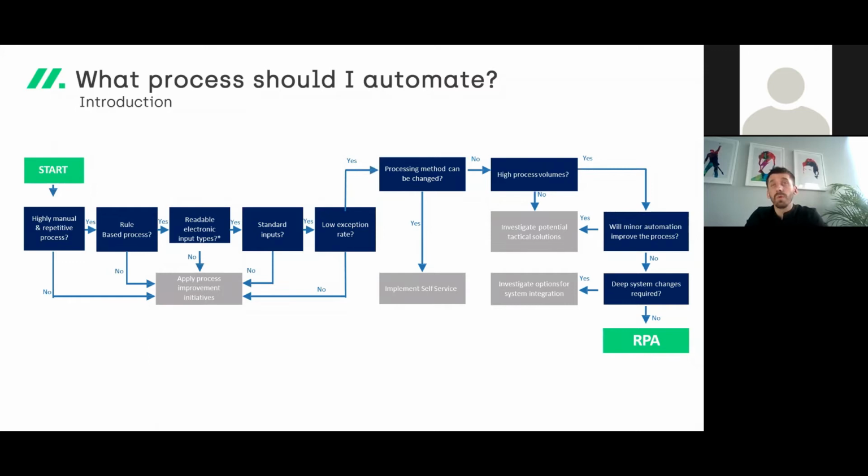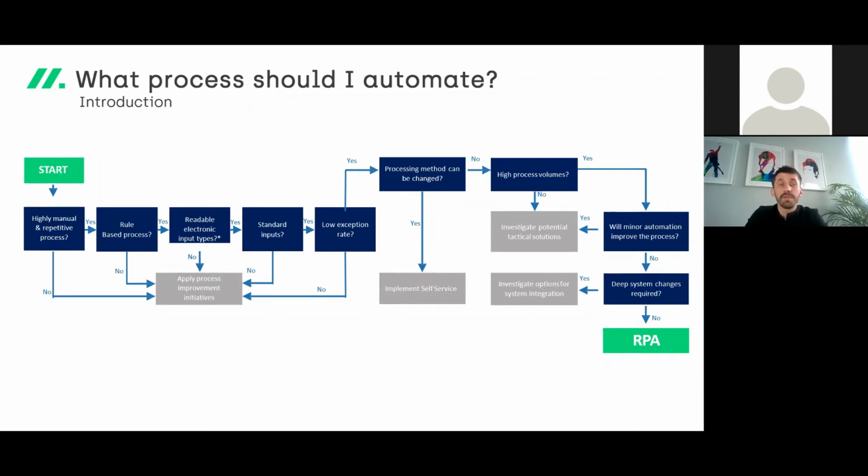If no, we should apply process improvements. If yes, we move on and ask whether the process is rule-based. If no, again, we should apply some process improvements. If yes, let's move on.